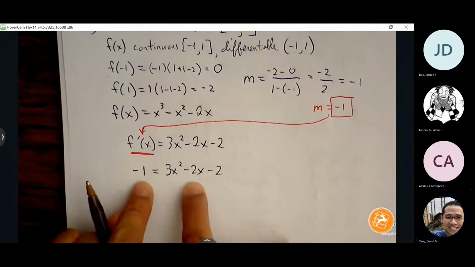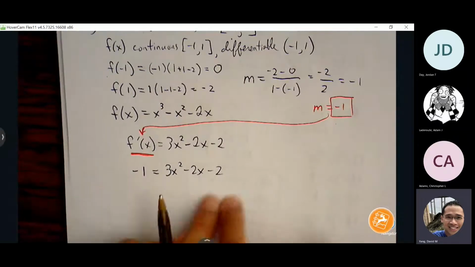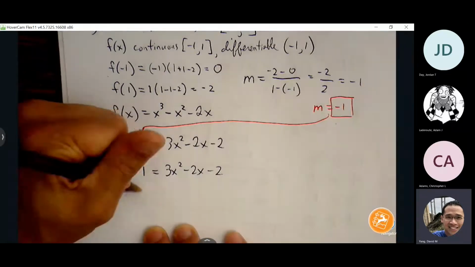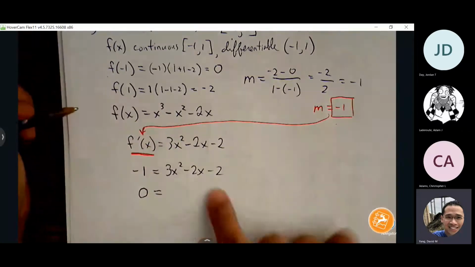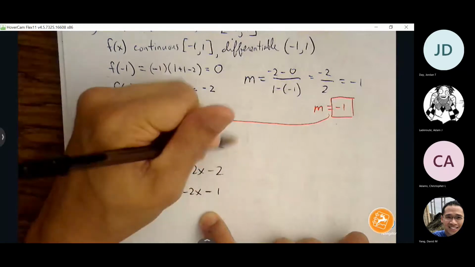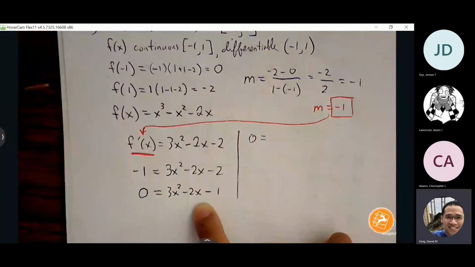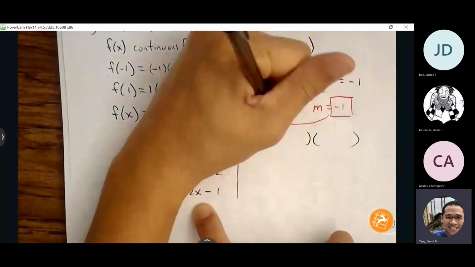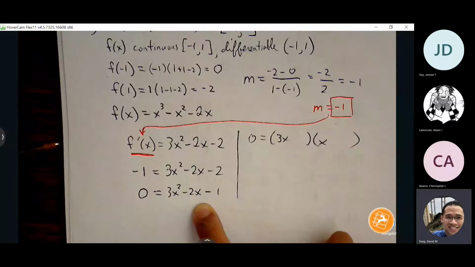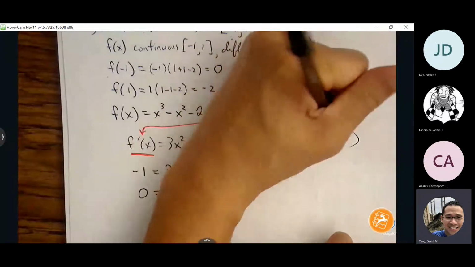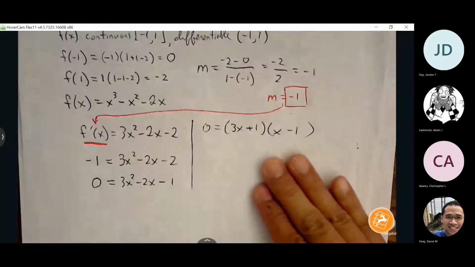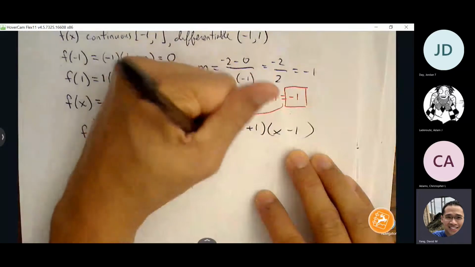If we're trying to factor or solve, we have to bring everything over to one side. We got to get that 0 to show up before any factoring solving can be done. Okay, so bring that -1 over to the right side. Solve for x.